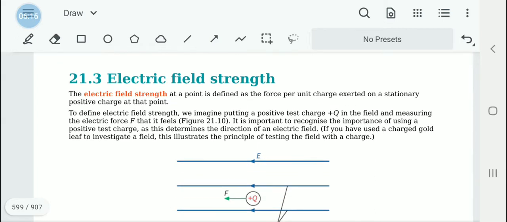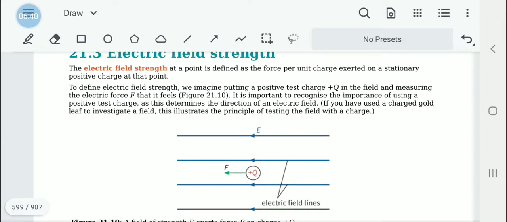It can be defined as the force per unit charge exerted on a stationary positive charge at that point. So we are talking about the unit charge here, right? So around the charge only this field strength is considered.